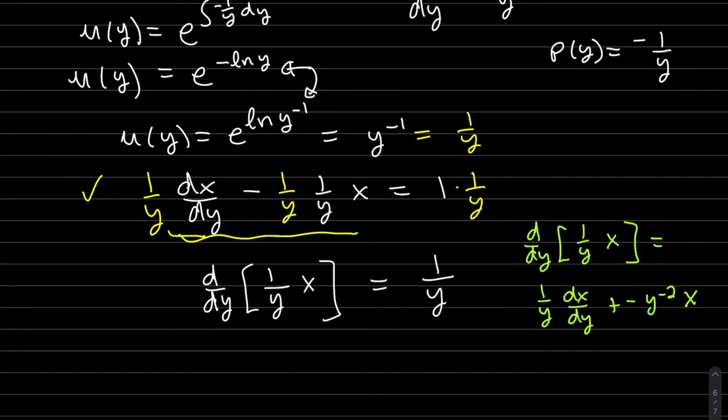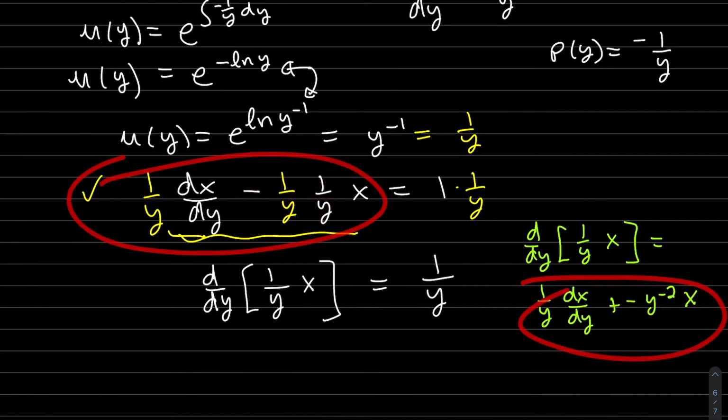And it does appear that this term is the same. We have the minus, this is y to the -2 times x. So they are indeed equal to each other.